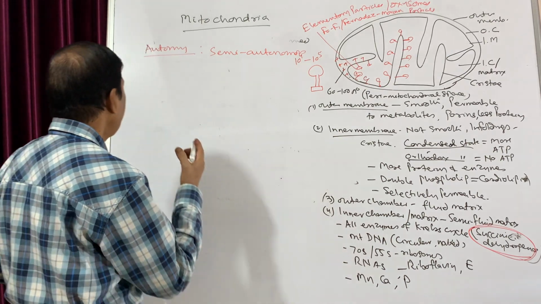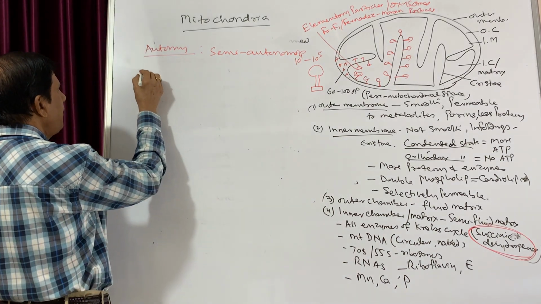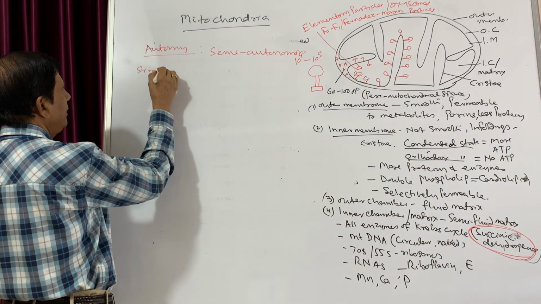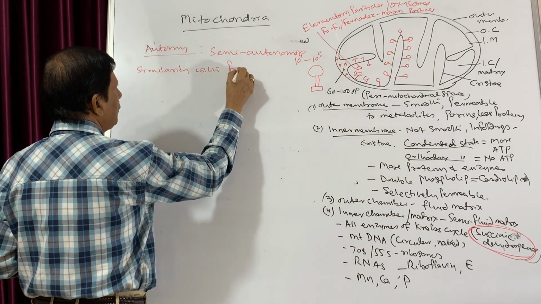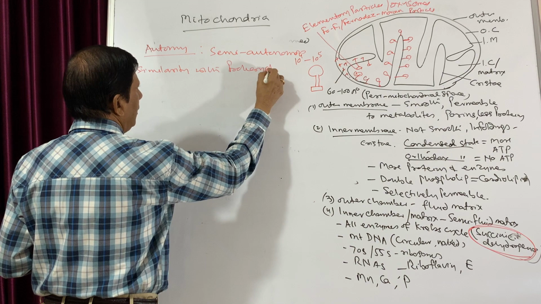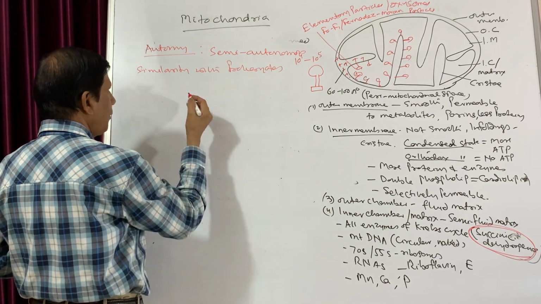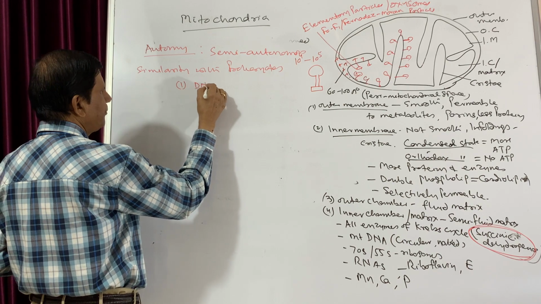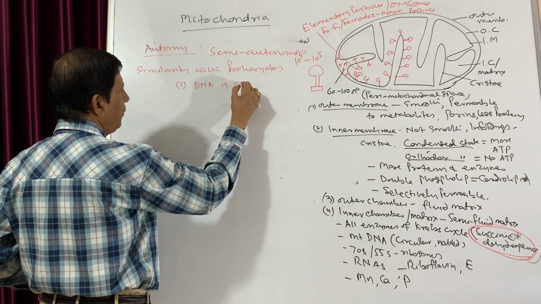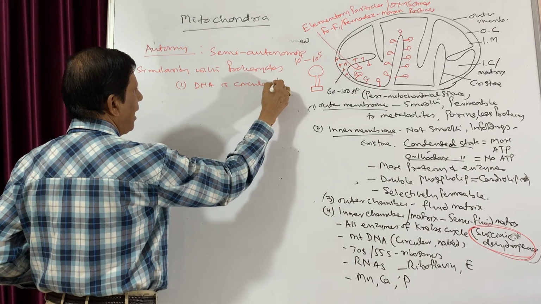That means, if we discuss the similarity with the prokaryotes, what are the similarities? That is DNA. DNA is circular and naked.